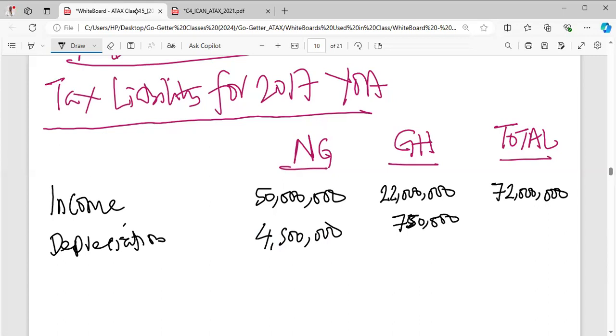We add them together to be 5 million 250.